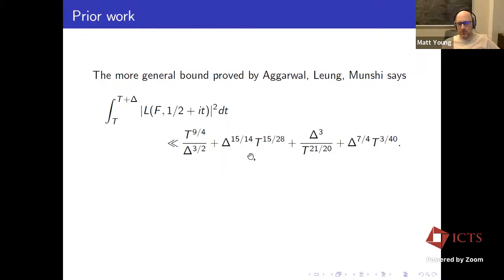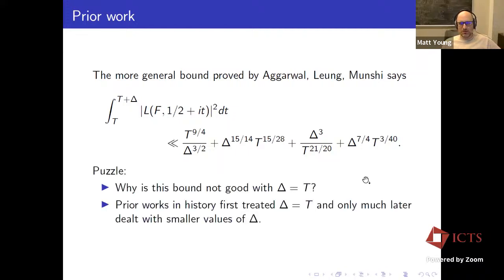If you optimize the bound, the best bound occurs when delta is t to the 2/3. One of the things I was interested in, and why I wanted to study this problem, was that I was puzzled why this bound is not good when delta is equal to t. If you plug in delta equals t here, I didn't check recently, but I think you get a worse bound than the mean value theorem for Dirichlet polynomials. Let's see, is that true?